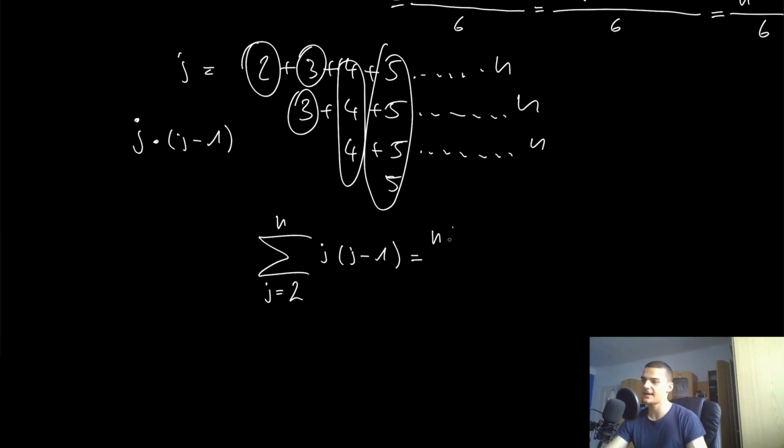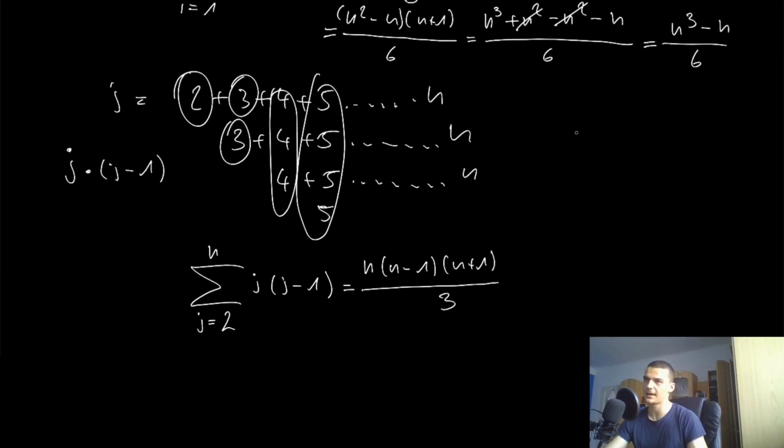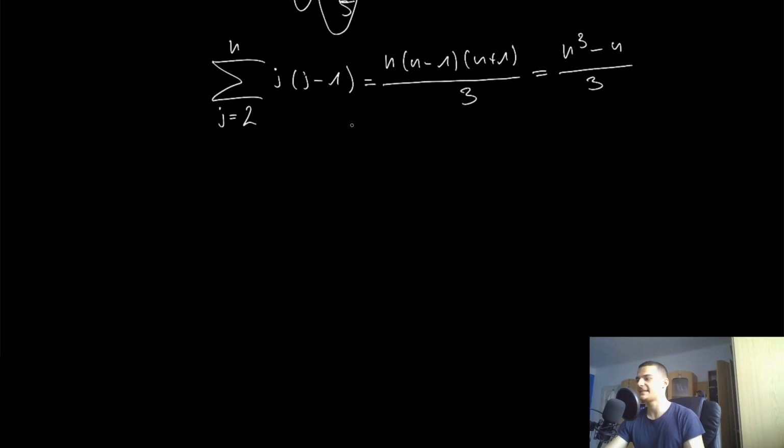So we have again n minus 1, n plus 1, divided by 3 this time. So we'll end up with the same expression here, which is n to the power of 3 minus n divided by 3, which again means that k is nothing but n to the power of 3 minus n divided by 6 plus n to the power of 3 minus n divided by 3.